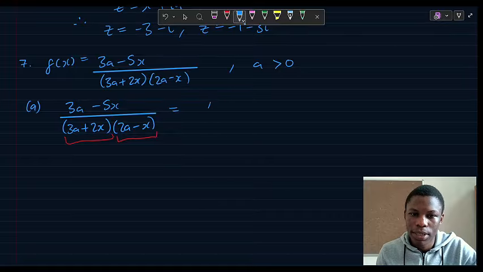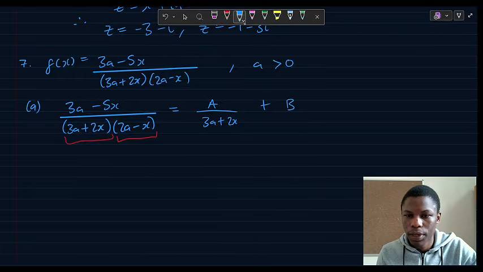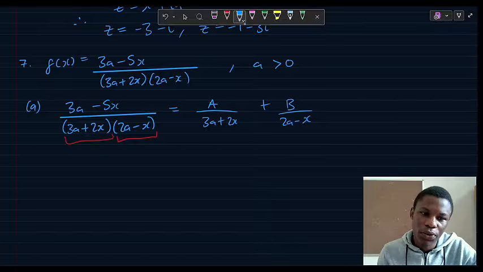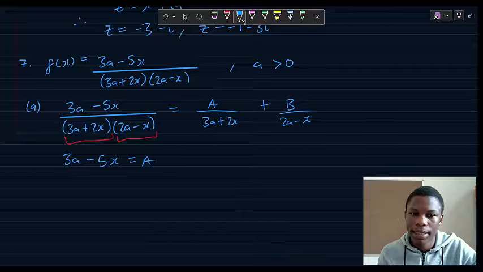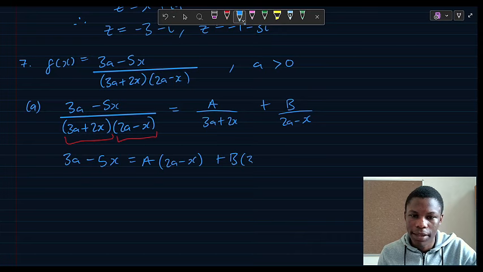So that's going to be A over 3a plus 2x plus B over 2a minus x. Then I'm going to multiply through by 3a plus 2x times 2a minus x to get rid of the denominators. So I have 3a minus 5x is equal to A times (2a minus x) plus B times (3a plus 2x).